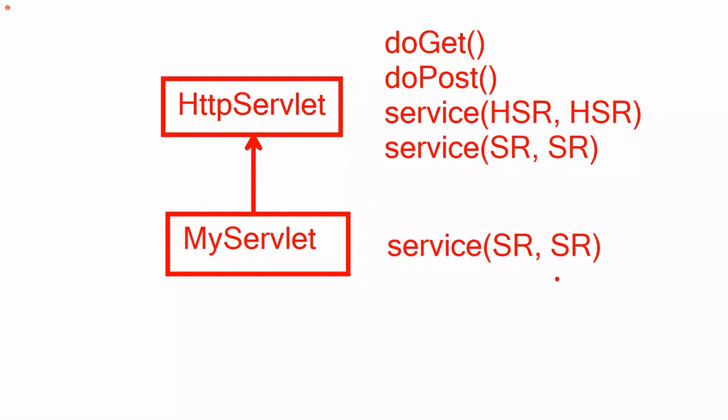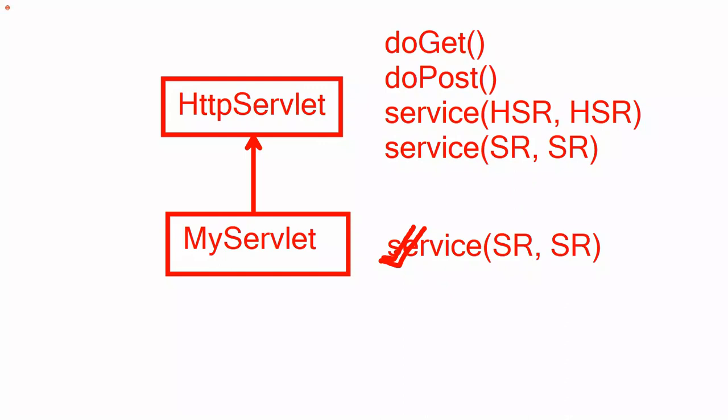Which is called, my servlet's service or HttpServlet's service? My servlet's service is called. It stops with this only, because the call from here, they wrote there, not from here. This we wrote, we overrode. It is called and stopped.